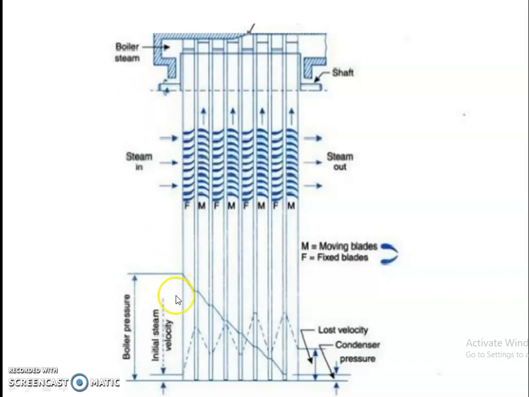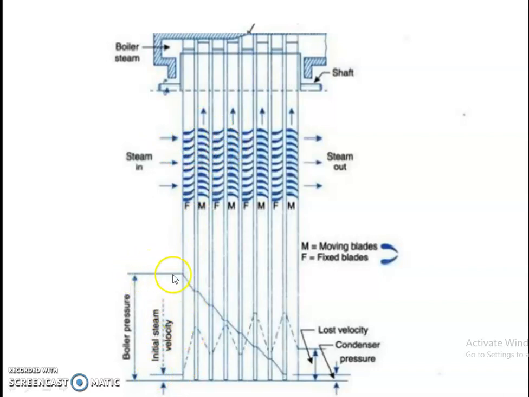In the impulse turbine, the pressure is constant in the moving blade, but in the reaction turbine, there is a pressure change. In the lower section, the boiler pressure is given.